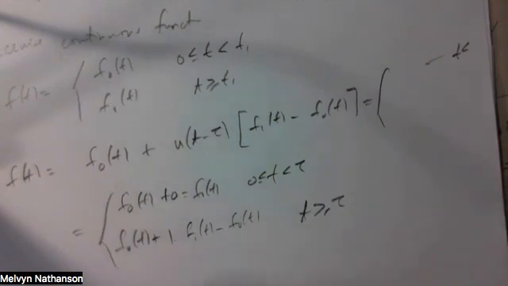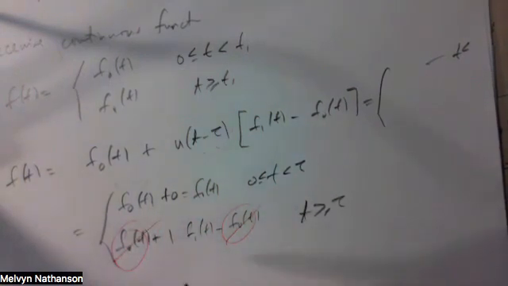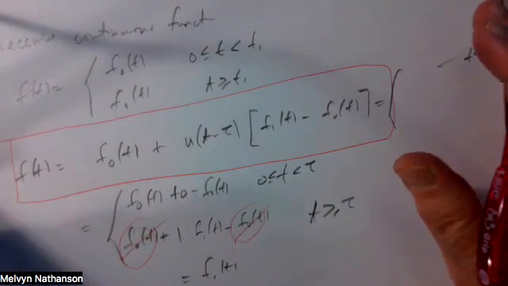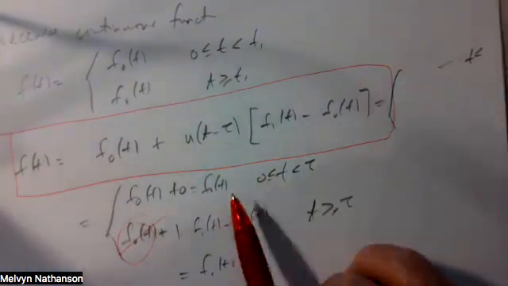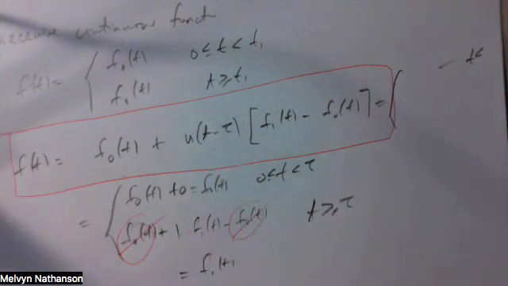And then you see that f naught of t and minus f naught of t cancel, and we're just equal to f1 of t. So what we have here is a way to write f of t in one line, if you like. It's one simple expression using, in a clever way, the unit step function.